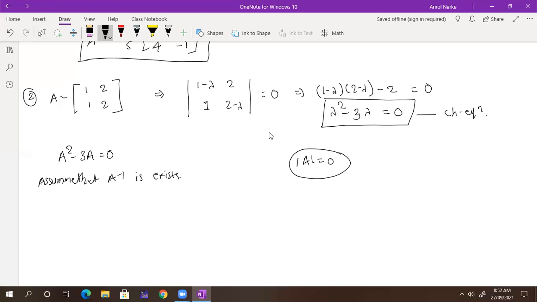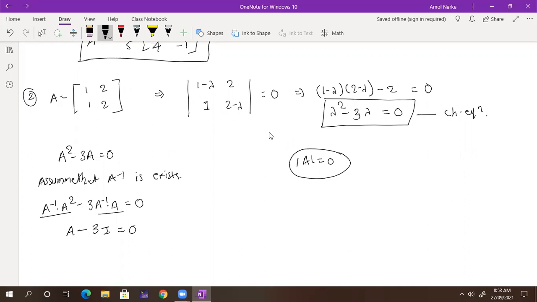If I multiply by A inverse, A inverse into A square minus 3 into A inverse into A, which is equal to 0. What is A inverse into A? It is identity. So you are getting A minus 3 into identity matrix, which is equal to 0. Where are you getting A inverse? That is what you are not getting. When you are not getting the identity matrix, it means you will not be able to find the A inverse.